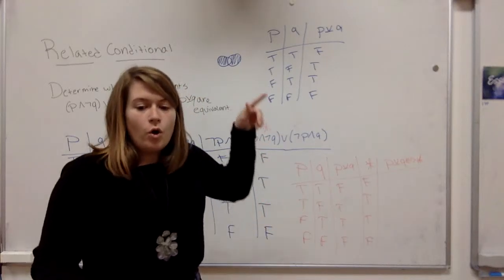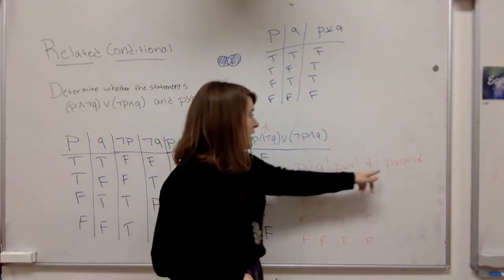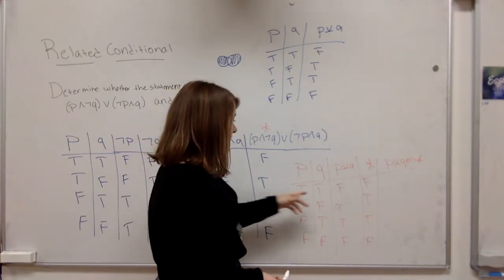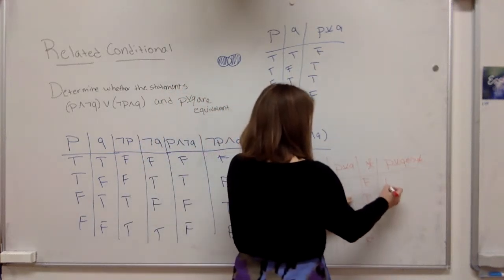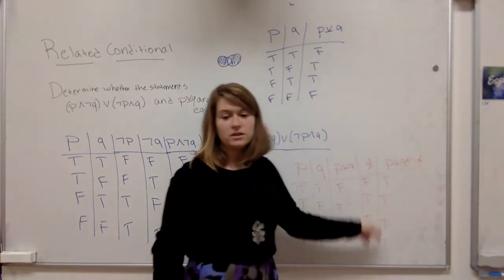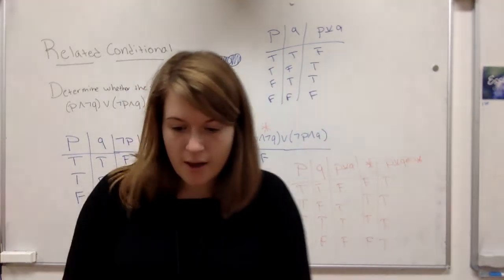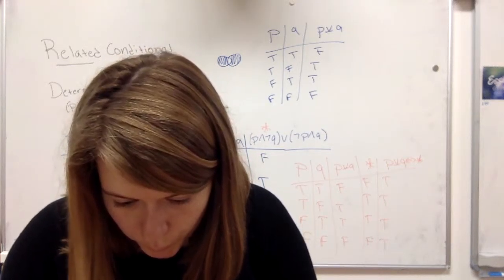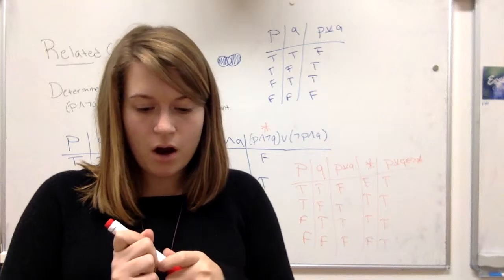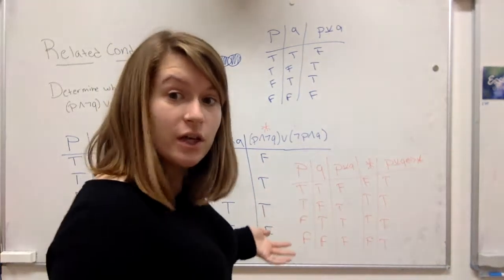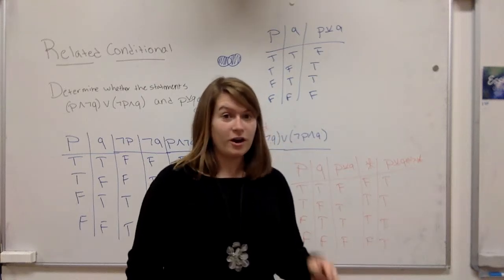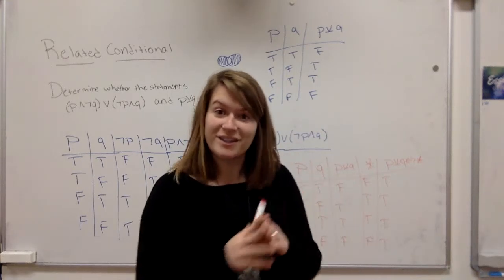And then we look at it all together, and that's looking at the biconditional equivalency. So we say these are both the same, so that's true, that's true, that's true, that's true. So it's a tautology, so the two statements are equivalent or biconditionally equivalent because their final columns are a tautology when looked at together.